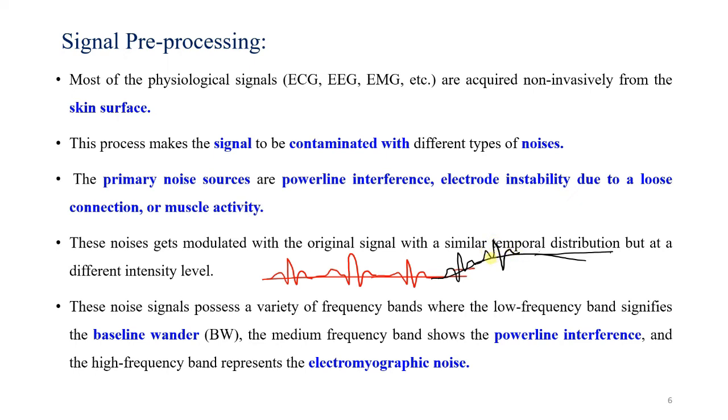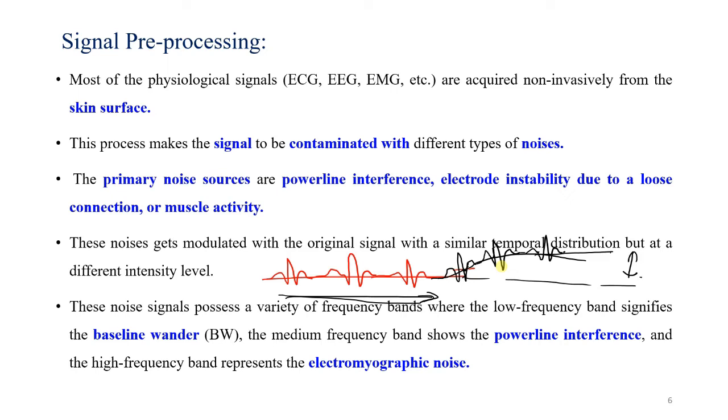So you see, initially your baseline was here. Now there has been a change in the potential. Even though your signal has not changed, your ECG signal is slowly moving upwards, right? In this fashion. So this slow movement of the potentials over a period of time is called baseline wandering. When I am talking about temperature, it is just an example.